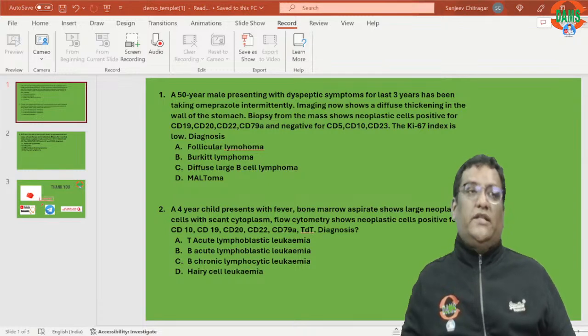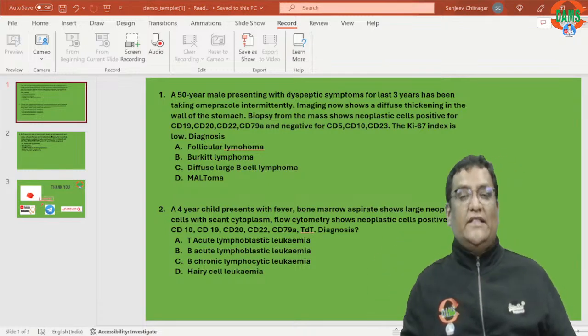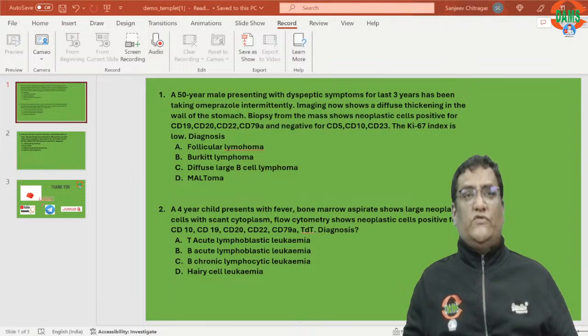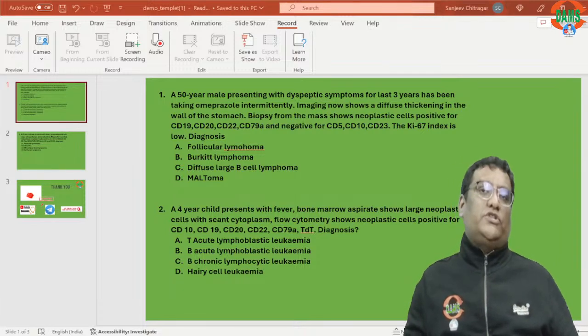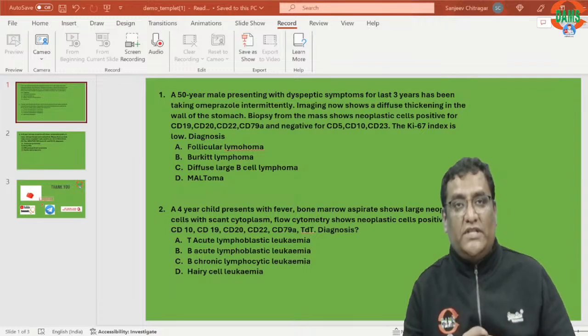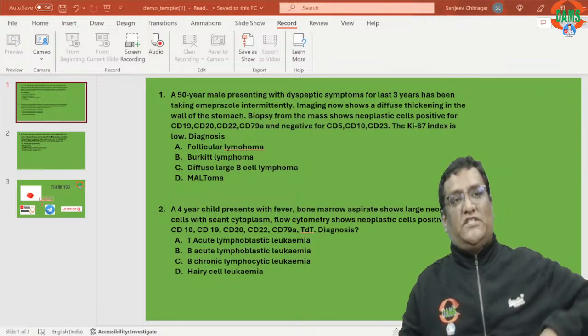Okay, so look at this now. First question. A 50-year-old male presents with dyspeptic symptoms for the last 3 years. Has been taking omeprazole intermittently. Imaging shows a diffuse thickening in the wall of the stomach.